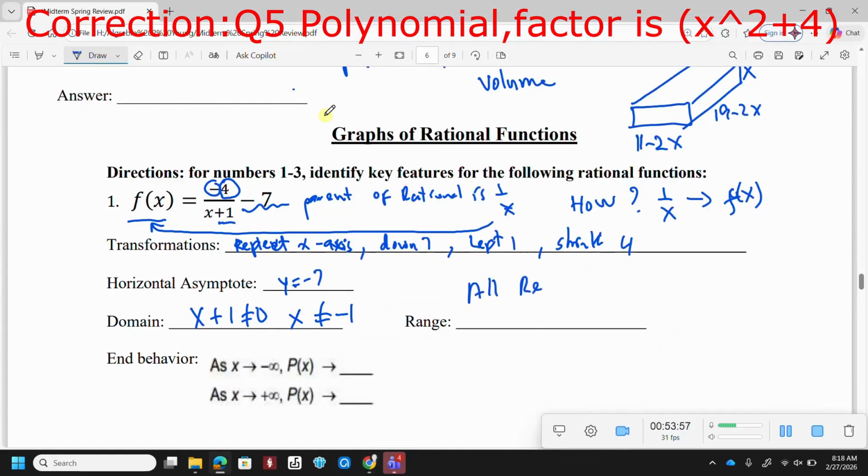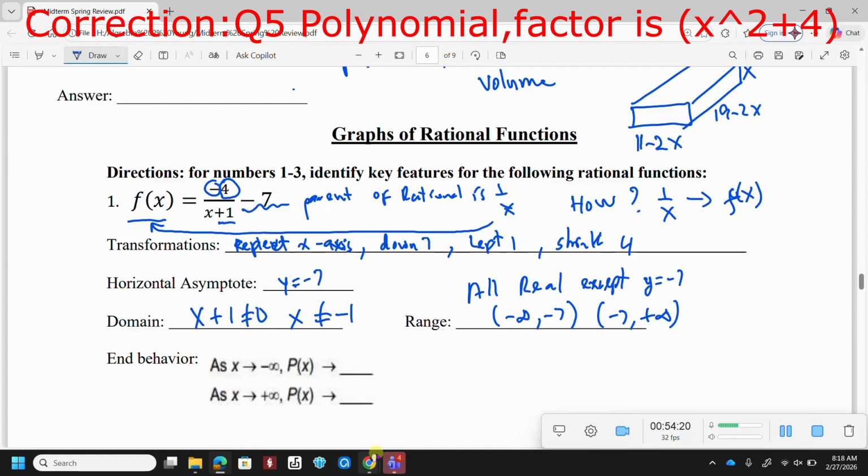So you can say all real except y equals -7. Or you can write negative infinity to -7, then open the bracket again, -7 to positive infinity. That means there's no equal to -7 there.